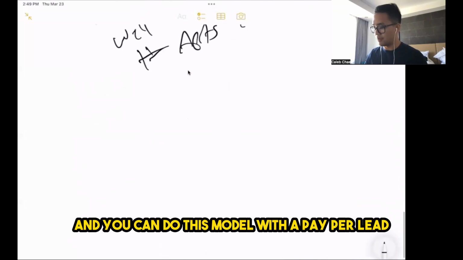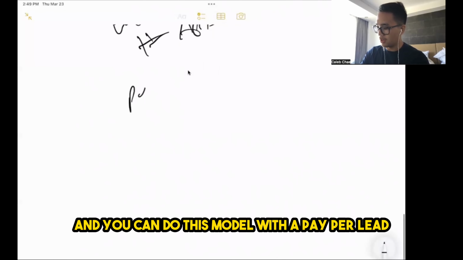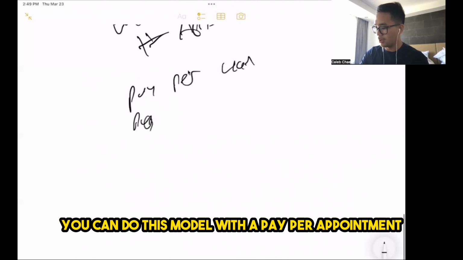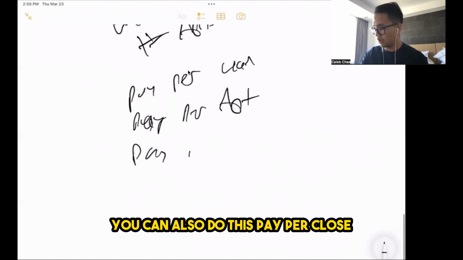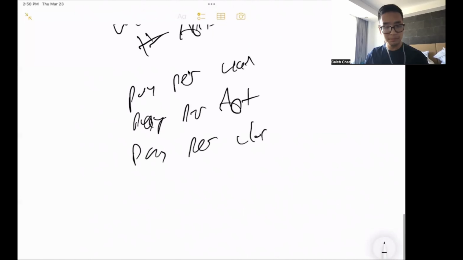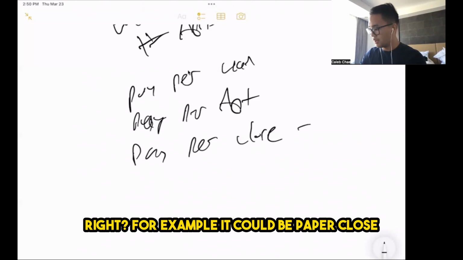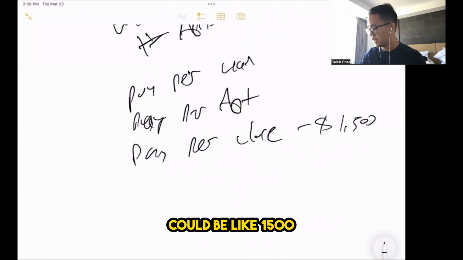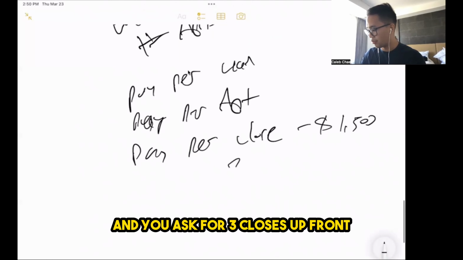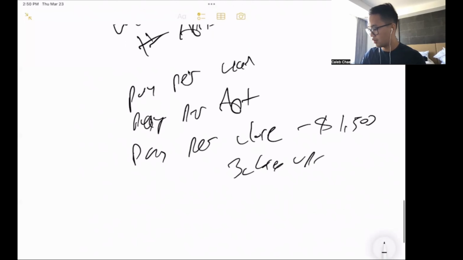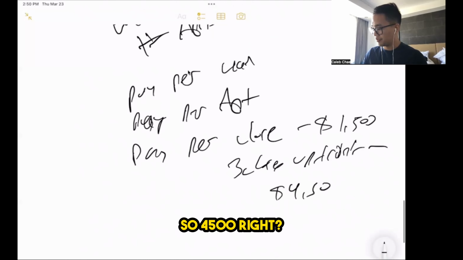Okay, so this is how we do this. And you can do this model with a pay per lead, a pay per appointment, or you can also do pay per close. For example, pay per close could be like 1,500, and you ask for 3 closes up front, so 4,500.